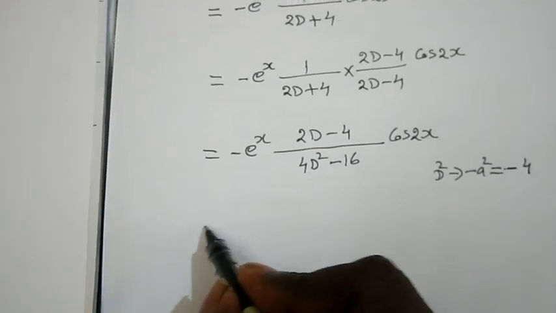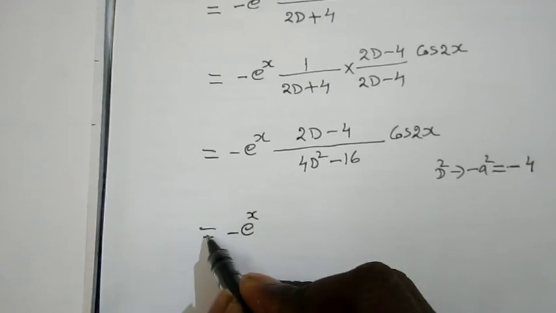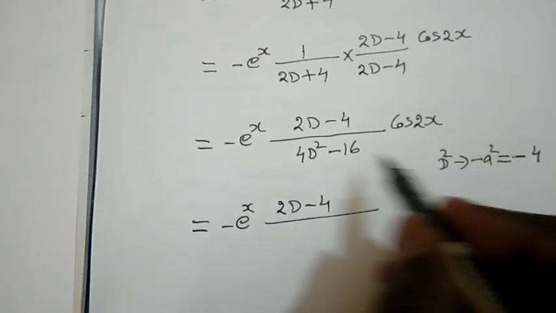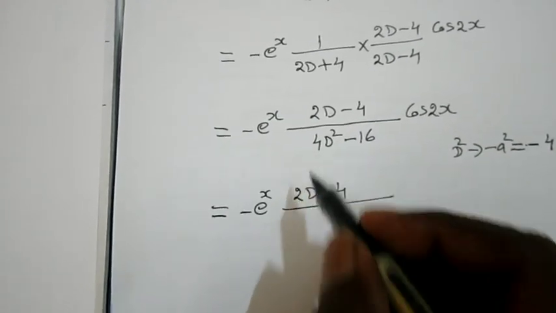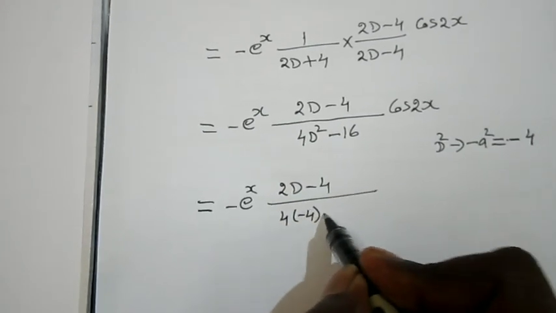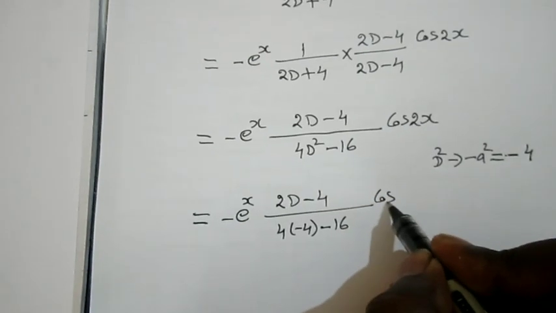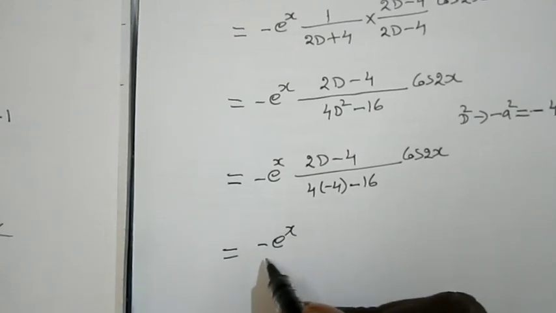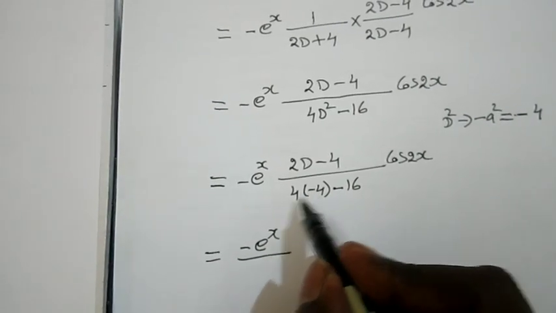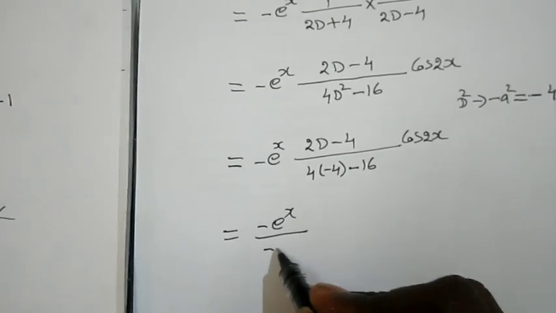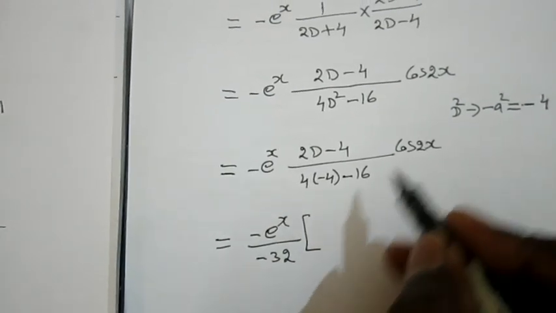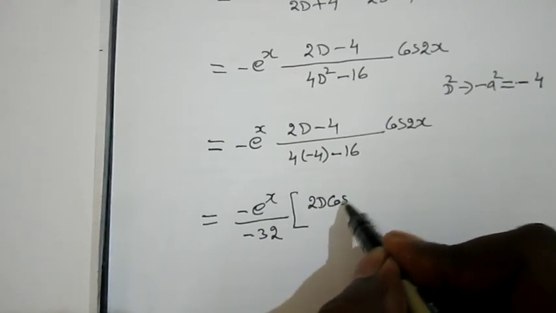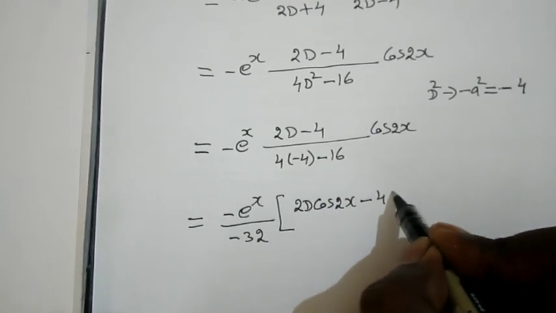So minus e power x into (2D minus 4) by replacing D square by minus 4: 4 into minus 4 is minus 16, and minus 16 minus 16 is minus 32, into cos 2x. Multiplying cos 2x inside, we get 2D cos 2x minus 4 cos 2x.